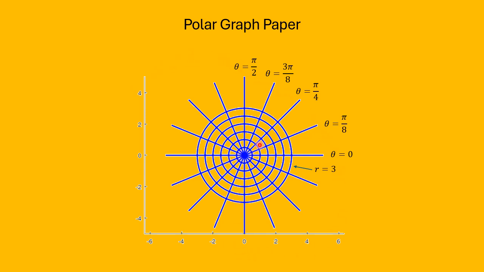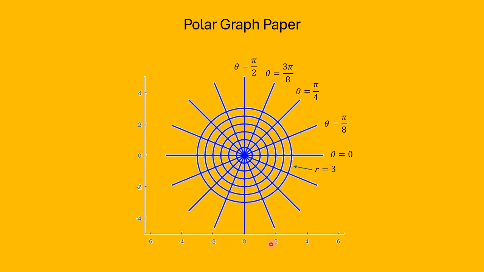We also see some concentric circles here. At the pole, more or less the origin here, r is equal to 0. If you count out, you'll find that there are 1, 2, 3, 4, 5, 6 circles here. And I also have some rectangular coordinates here for length shown.